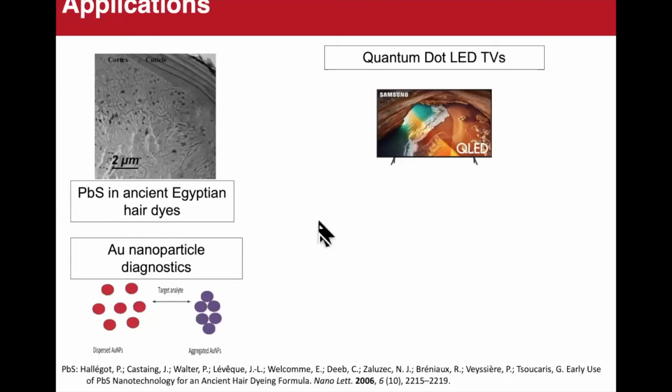You may have also seen advertisement for quantum dot LED TVs. Here, quantum dot TVs employ semiconductor quantum dots to convert short wavelength light, typically blue, to any color in the visible spectrum.